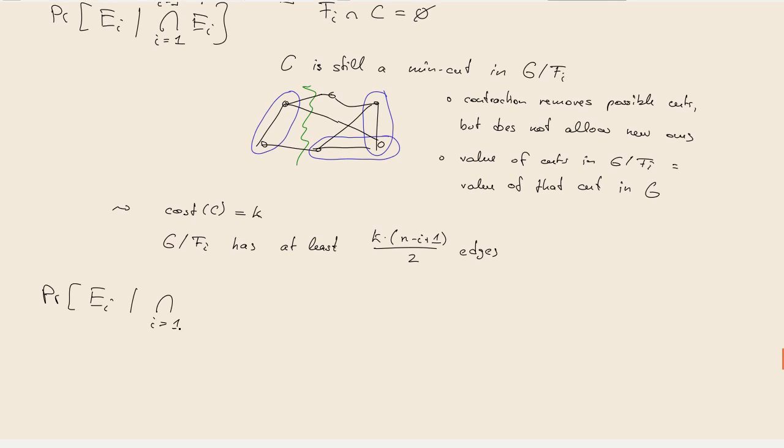So for the probability, this means, again, by the same argument, let's write m_i for the number of edges in this graph, and n_i, that's a good notation.